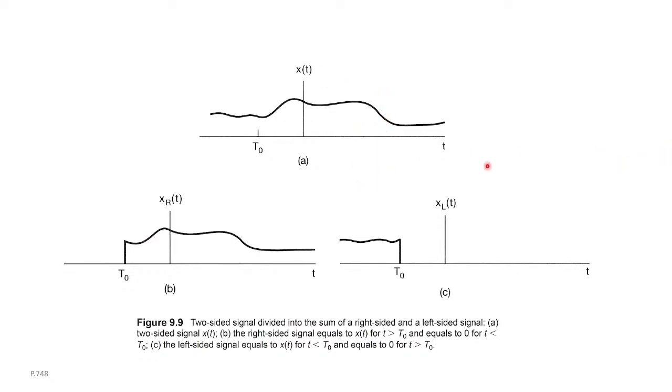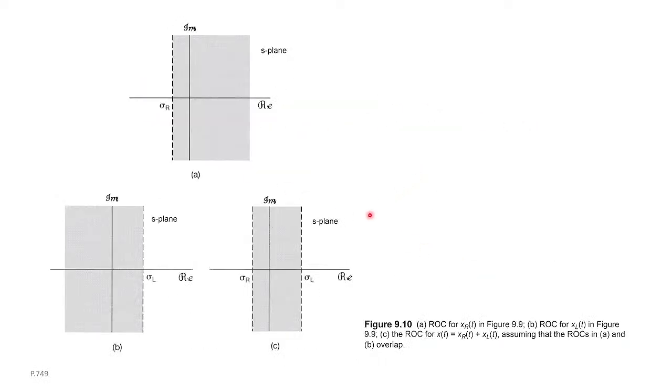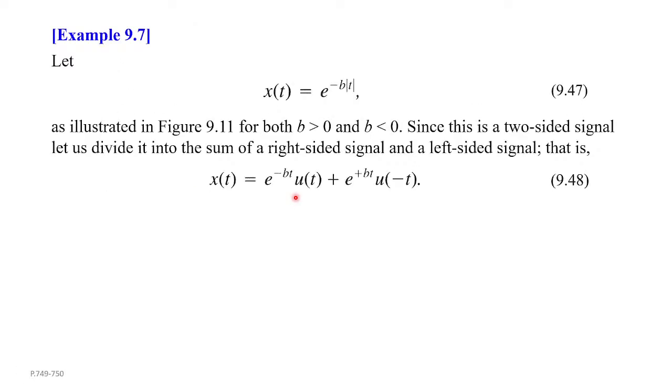The ROC extends to the right all the way for a signal that cuts off at some point on the left, or the ROC extends to the left all the way, corresponding to those kinds of signals, or your signal extends to both sides, corresponding to one strip. Okay, so that's last time, a quick review.